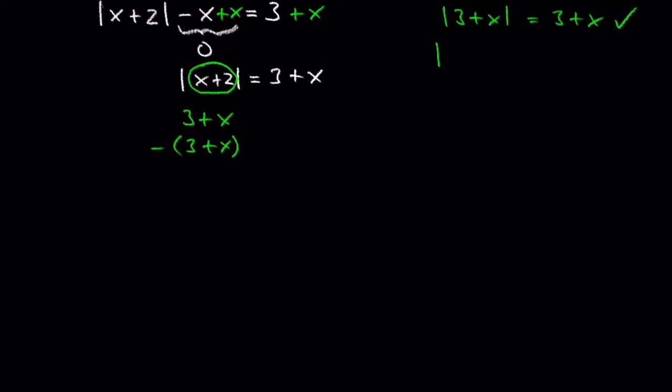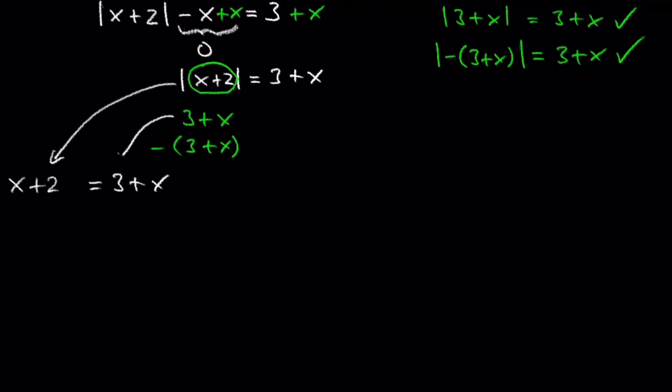The absolute value of the negative of 3 plus x is 3 plus x. Is this correct? Yes, it is. So we can say x plus 2 is equal to 3 plus x. And x plus 2 is equal to negative 3 plus x.